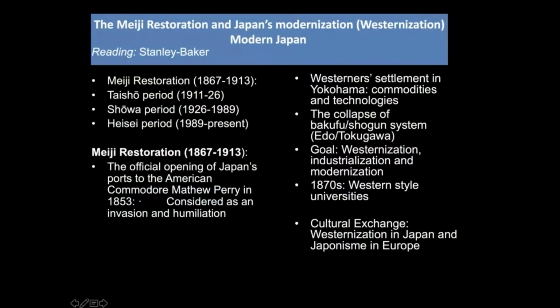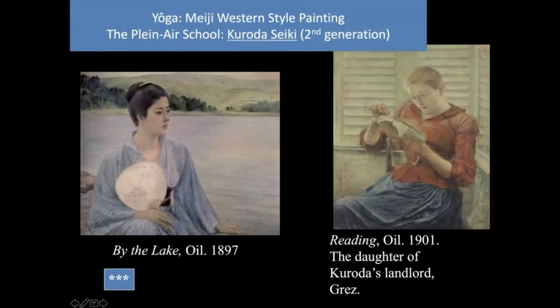Finally, you come to the Meiji Restoration period, and that's the effort of modernization. So Japan started late, like around 1867, but in 10 years, I told you that they caught up with remarkable progress in England or France. So among groups of new generation of painters who studied yoga, meaning oil painting, the most representative person is Kuroda Seiki.